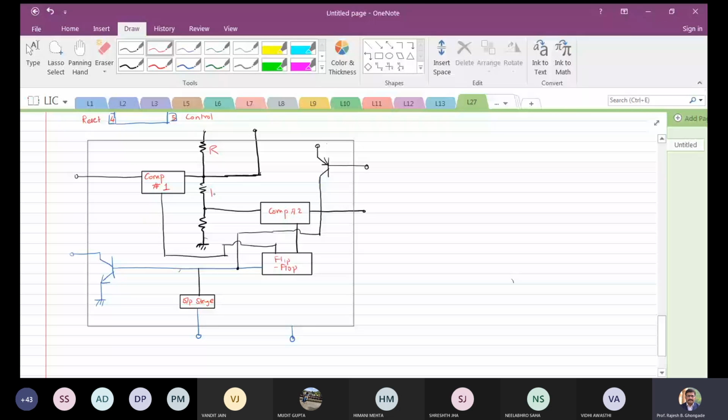Basically, this is 8, this is 5, this is 4, this is 2, this is your ground, which is pin number 1, and this is the output, pin number 3. Pin number 2 is trigger.